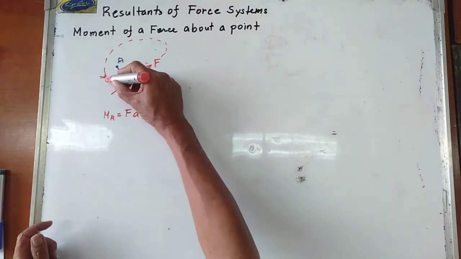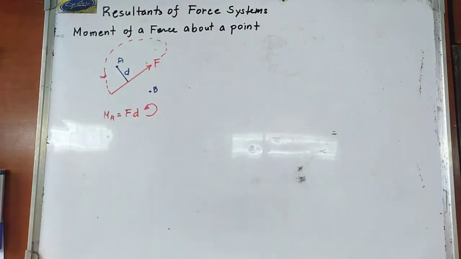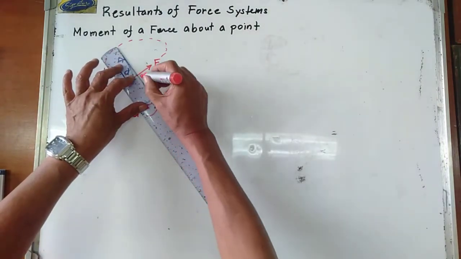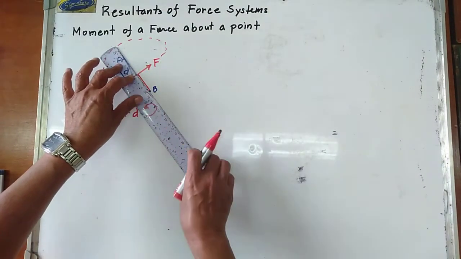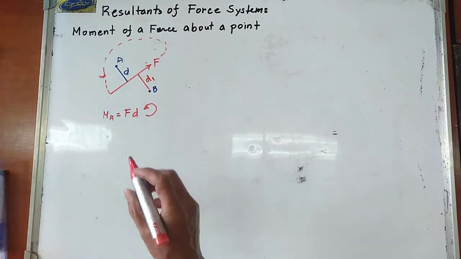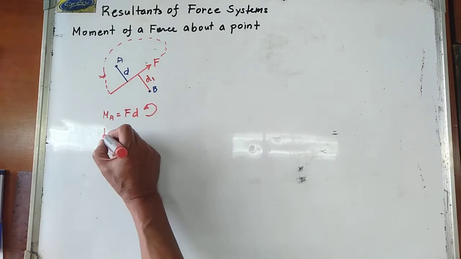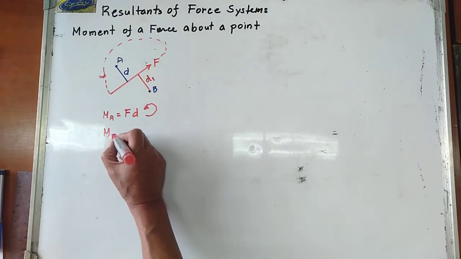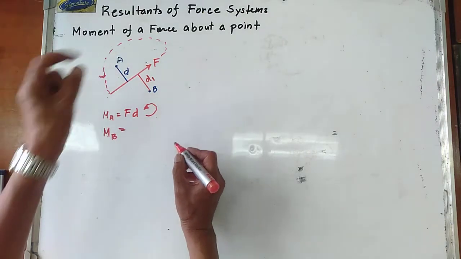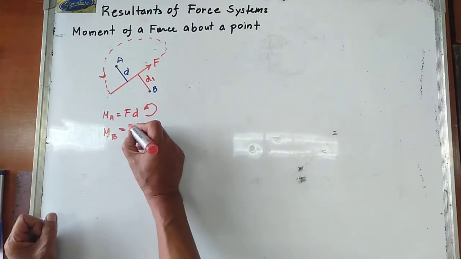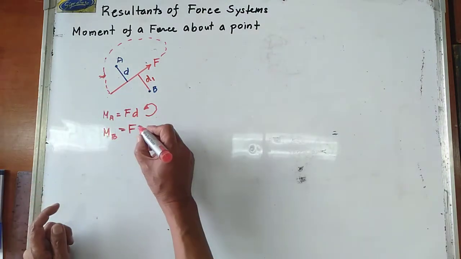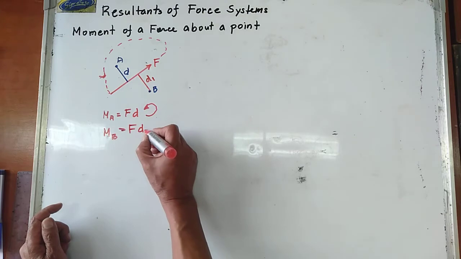So the moment of this force about point B. So we now have the moment arm of this force about point B. So let's try to consider that this one in here is D1. So the moment of the force F about point B is now equal to the magnitude of this force, which is equal to F, multiplied by the moment arm, which is now your D1.